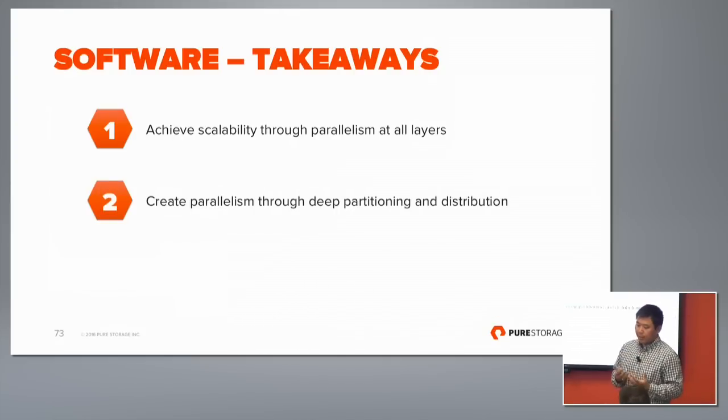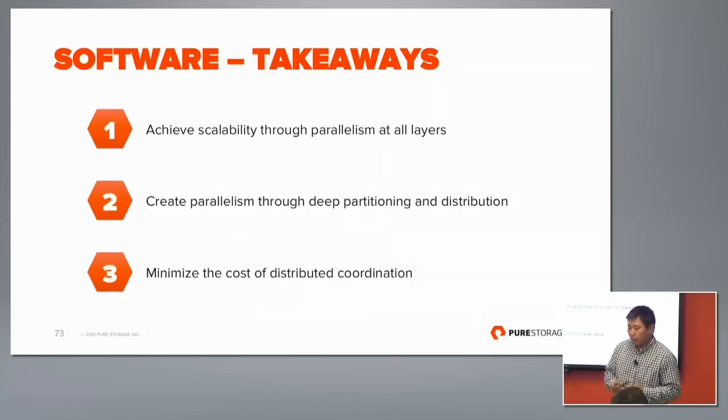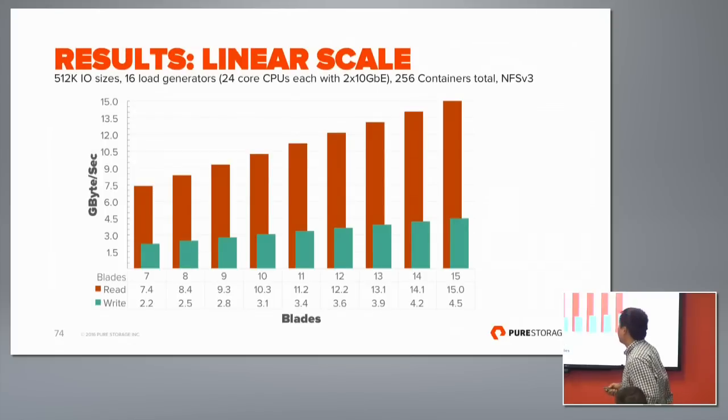The way we create that parallelism is through deep partitioning, creating independent parallelizable units of work and distributing among those partitions. Now, deep distribution comes at a cost, there's a cost to doing that coordination. So the third point is that we want to do everything in our power, software and hardware, to minimize that cost.